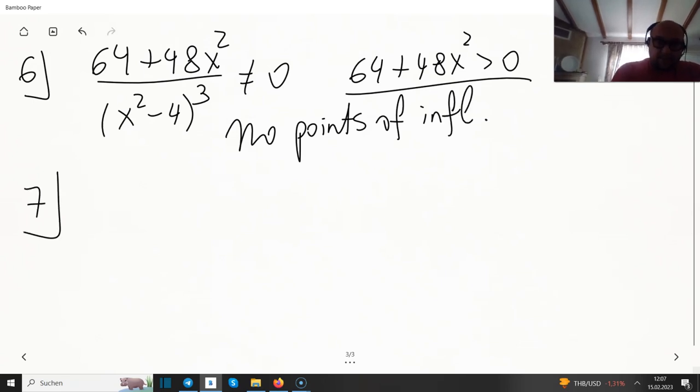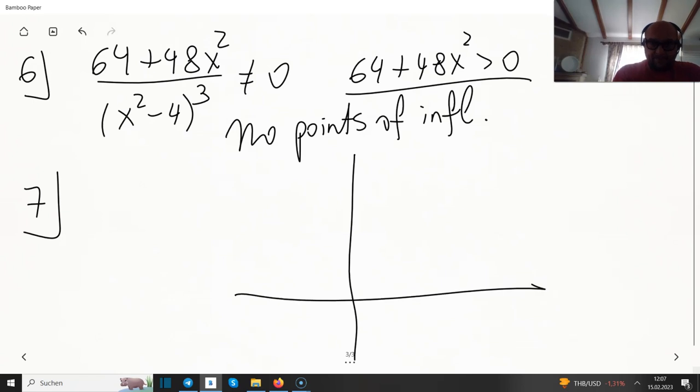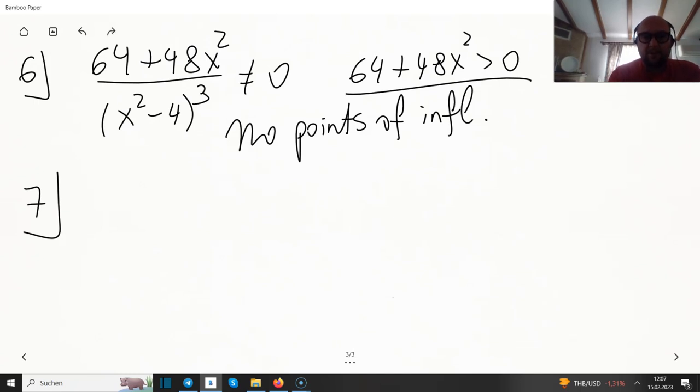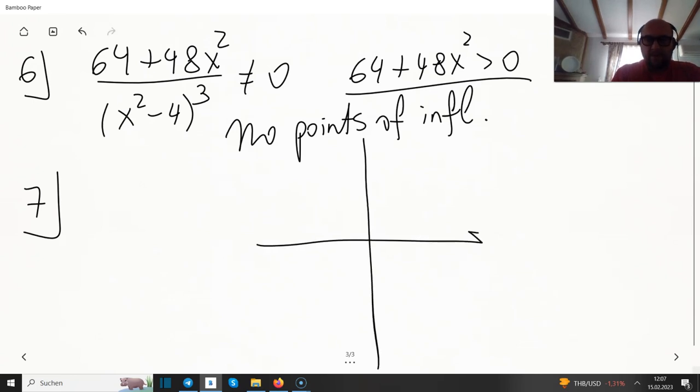Number 7, we plot the graph. Let's see. No 0 points, that's sad. Well, I think maybe I should go a bit further. Right here, okay. So we have at 0 minus 2, the max. We are torn apart at minus 2 and 2.